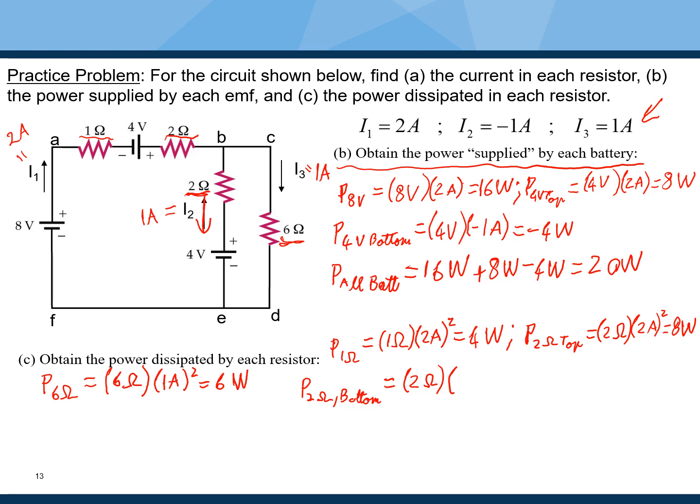We could think of it as -1 or 1. It matters not because that is going to be squared, and so the sign will disappear. So we have 2 watts of power dissipated through the 2 ohm resistor at the bottom.